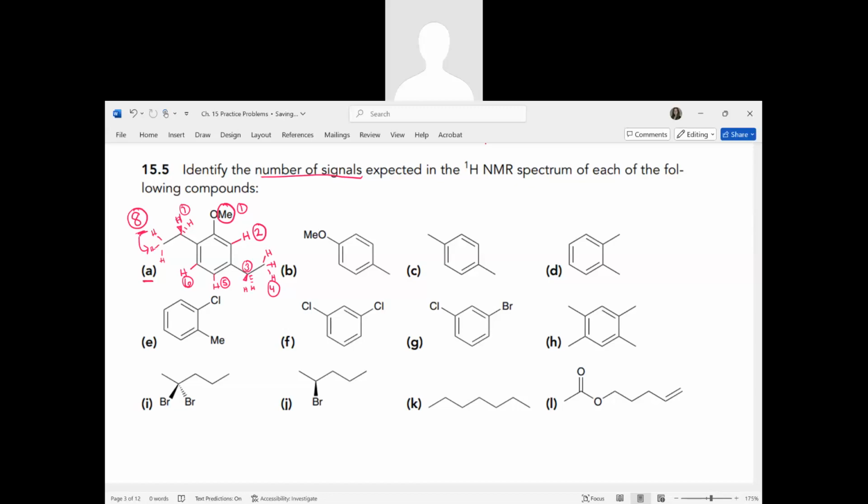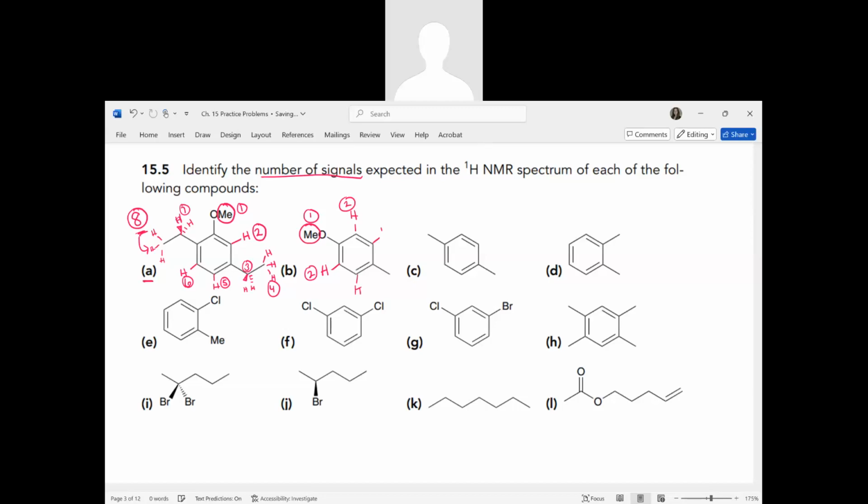Now, let's look at compound B. Compound B, we would expect to see 4 distinct signals. So let's start over here. These 3 protons of this methyl group would produce our first signal. Then we have these 2 protons here. These will be equivalent in the same environment near that methoxide group, so both of these would produce a second signal.